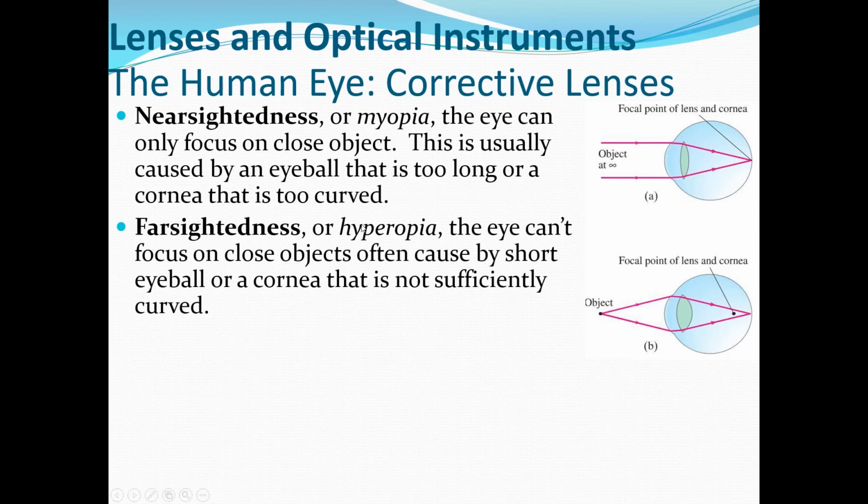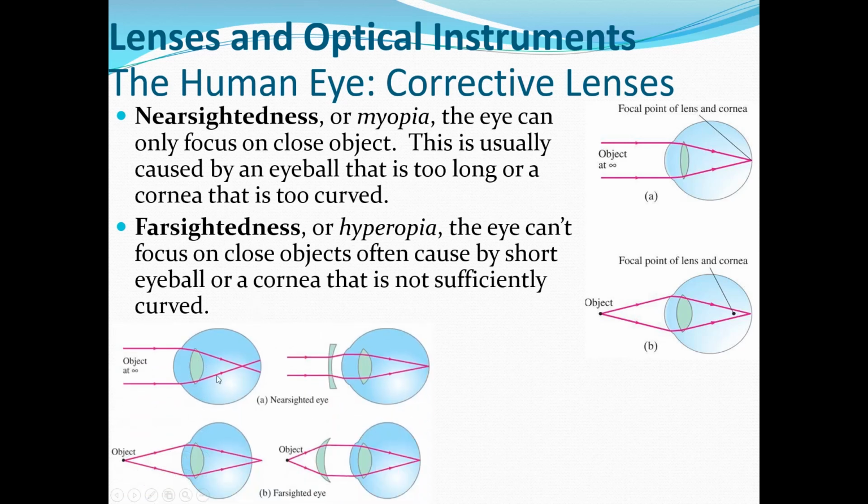Farsightedness, which is called hyperopia. I don't have it, so I don't really need to worry about it. This is the reverse. You can only see things that are far away, and you can't really focus on things that are close. This is caused by the eyeball being too short or not curved enough.